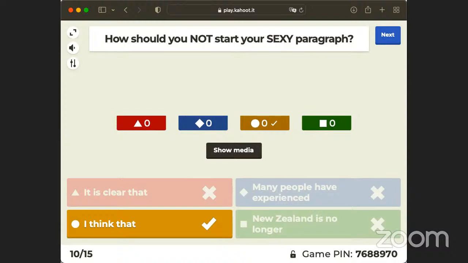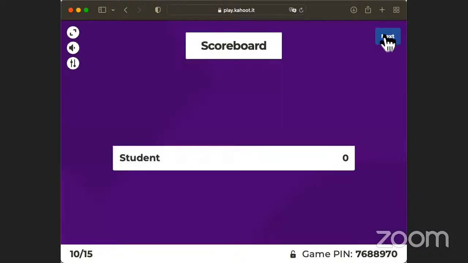So it's good to at some point describe that it's your point of view, but not to start with that. Not to start. I think that because also it's very common. It doesn't sound academic at all, and yeah.